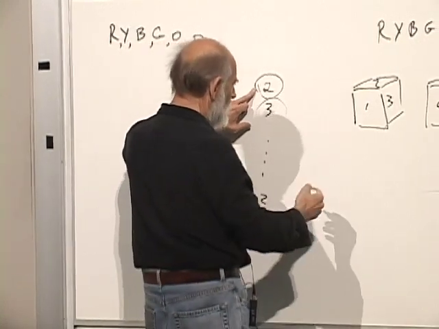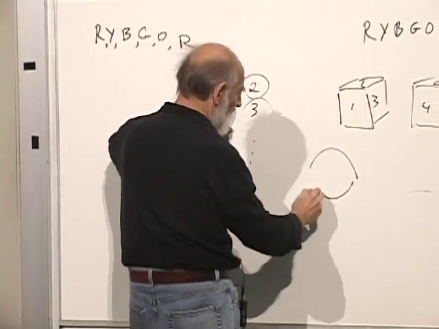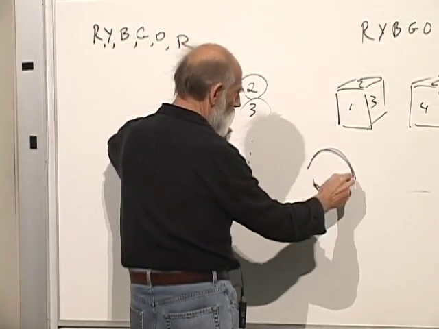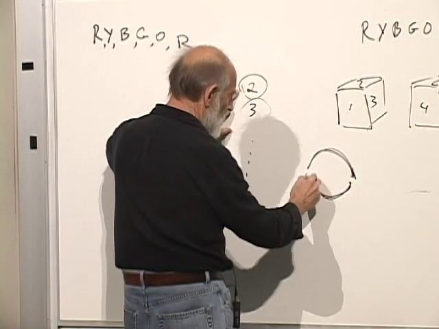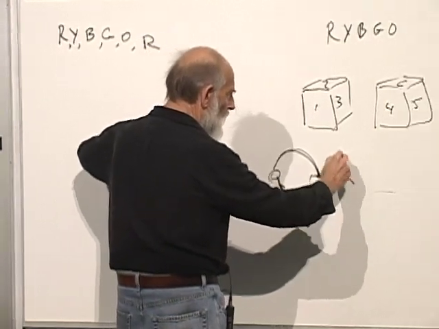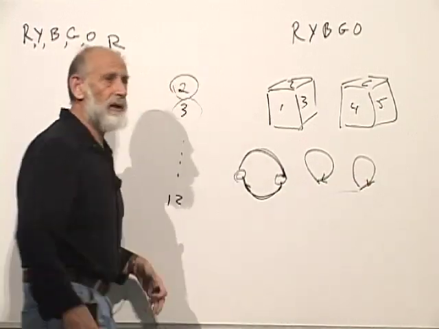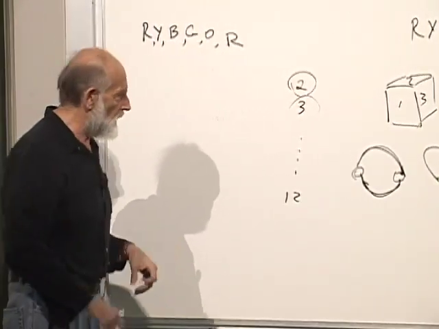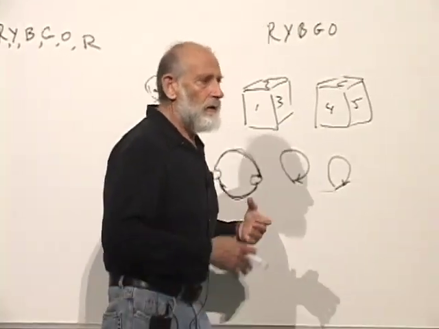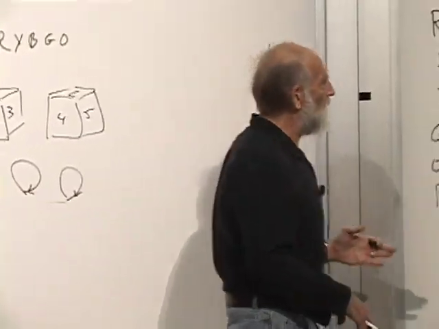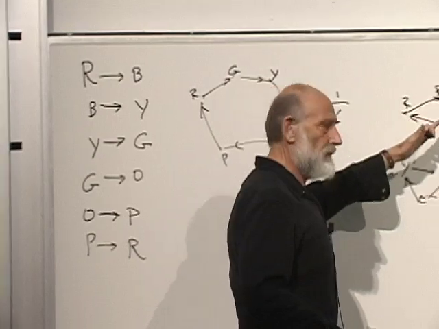One goes to the other and comes back to it, or you just come back to the same thing. And so forth. There are a bunch of different disconnected orbits.